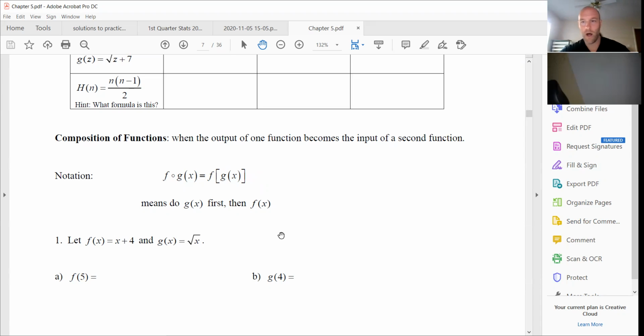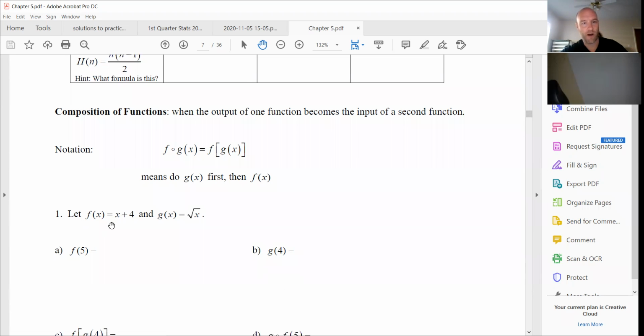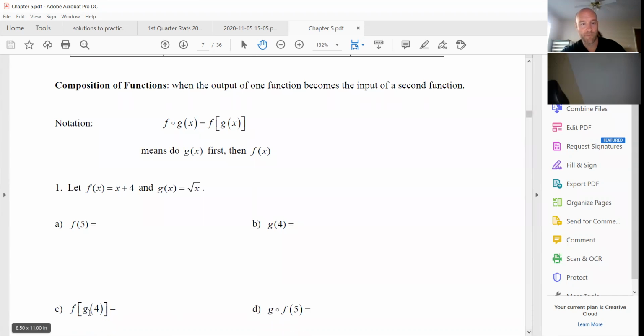Over here, some examples. We know what f of 5 is. It's 5 plus 4. We know what g of 4 is. It's the square root of 4. It's 2. So we got 9, we got 2. Over here, we're doing some composition stuff, though. So first, I do g of 4, which we said was 2. Then I have to do f of 2, which is 6.